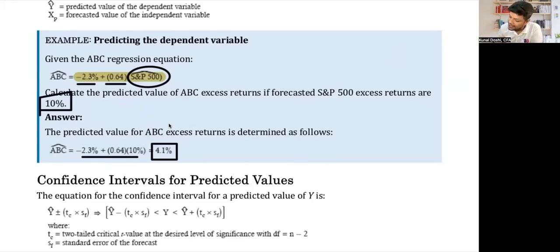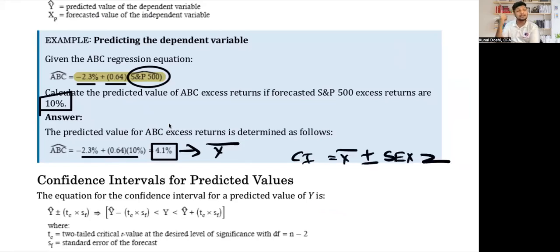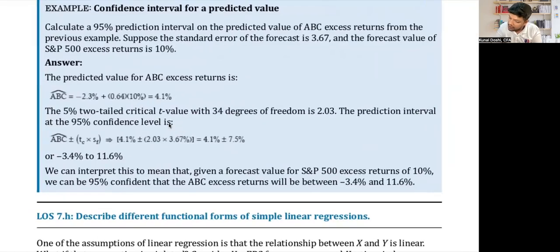This is your, you can say, X bar. Remember X bar? Based on X bar, you calculated the confidence interval. What was your confidence interval? X bar plus minus standard error into Z or T. Remember that? So this X bar of 4.1, you can use to find the interval also if they ask.